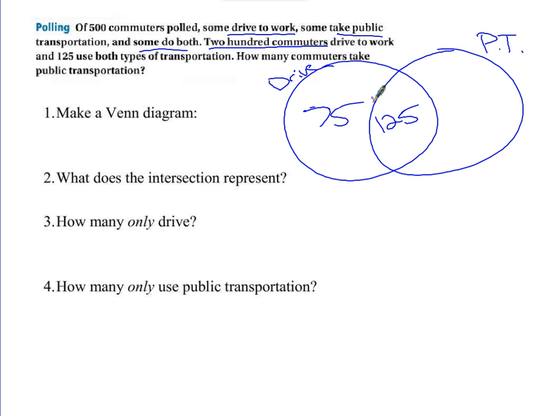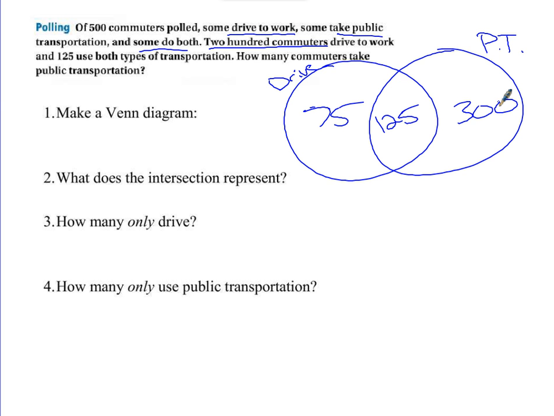Of 500 commuters polled, we have one more thing to fill in here. I got 500 people total that need to be in this diagram. Right now, how many people do I have in this diagram? 200. So how many people go over here? 300. And that's the Venn diagram. Okay, you had to kind of reason your way through it. You can't just enter numbers in. Put the numbers in the correct spots that you know for sure, and then come up with the missing stuff.